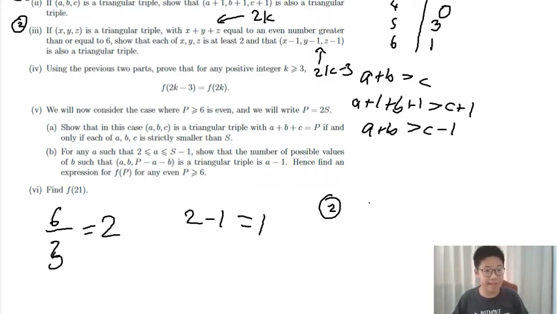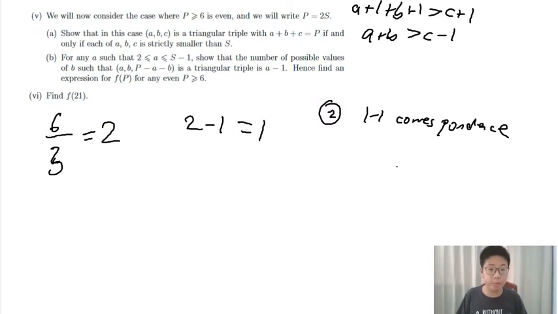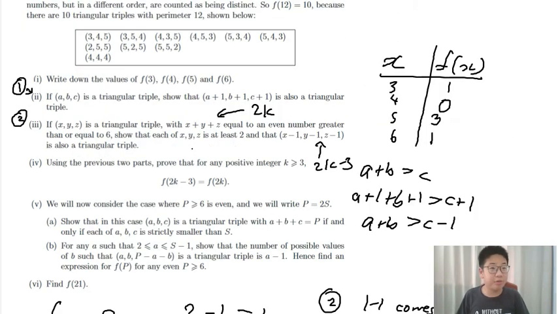This means there is a one-to-one correspondence between the triangles of perimeter 2k minus 3 and 2k. So you can match up all of them without any gaps. So we have actually proved it.